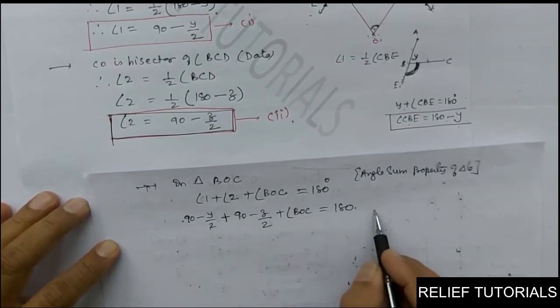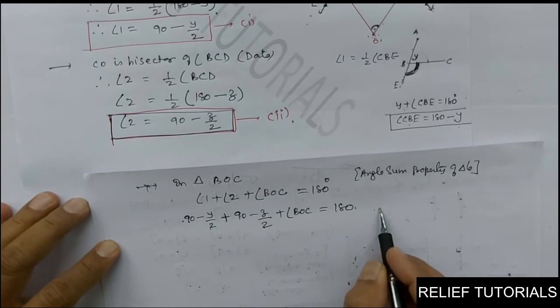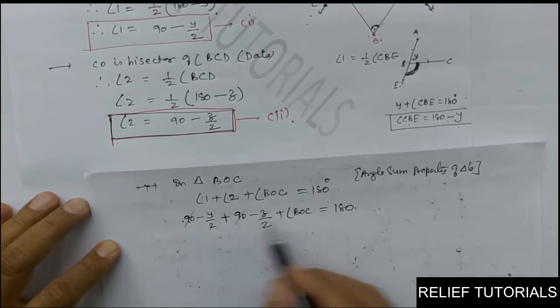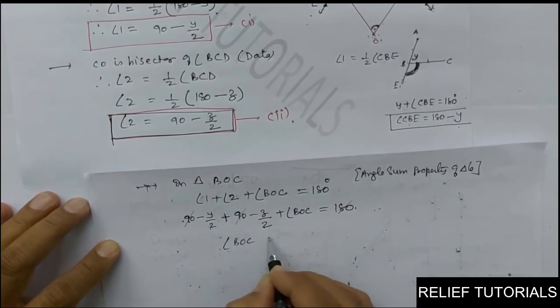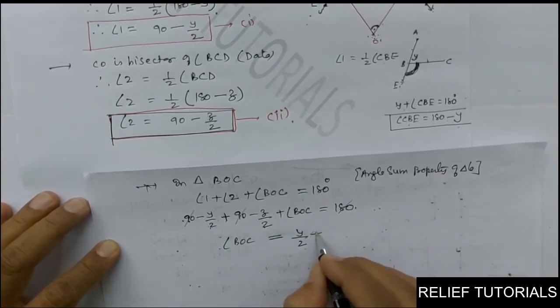This minus y by 2 will go here as plus y by 2, minus z by 2 will go here as plus z by 2. Have you got it, friends? Now I can write angle BOC is equal to y by 2 plus z by 2.